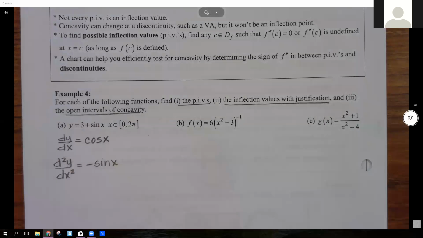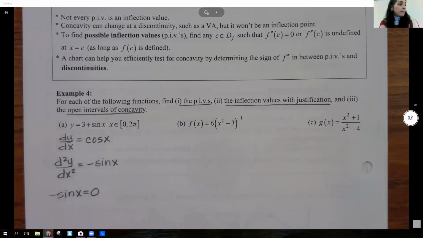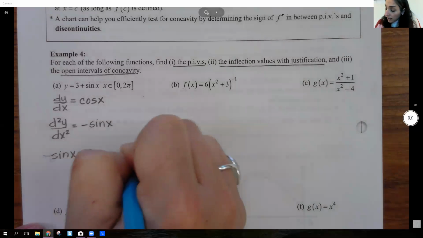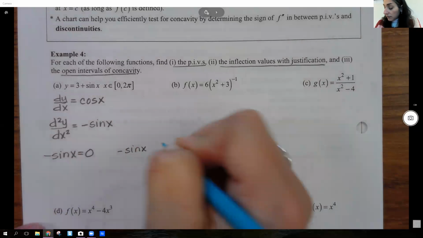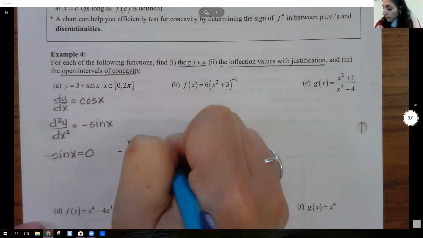So negative sine x is also continuous. No discontinuities there. You're going to take that and set it equal to 0, and also decide if there's anywhere that function doesn't exist on the interval from 0 to 2 pi. So we're going to say negative sine x equals 0. And then the other thing is where negative sine x does not exist.